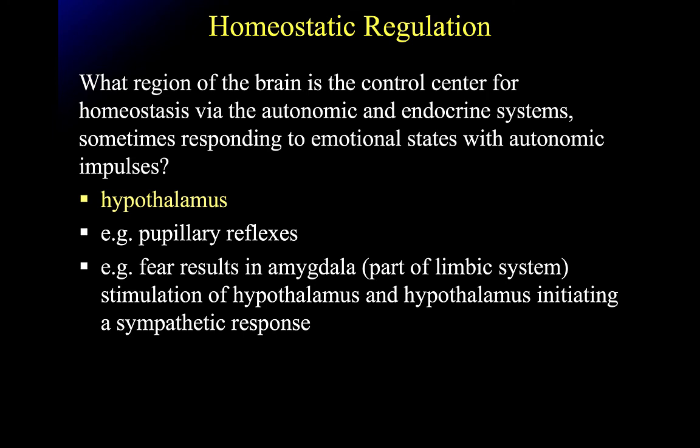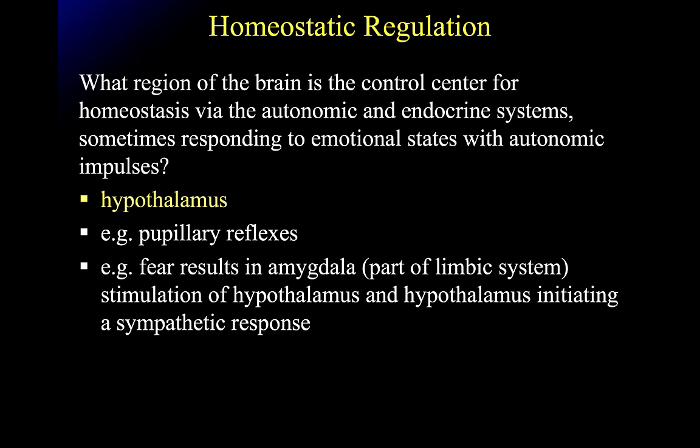This, of course, is the hypothalamus, which we already knew was the control center for the autonomic nervous system and endocrine systems. This is responsible for things like pupillary reflexes in regard to light change. We can, of course, have fear, an emotional state, result in part of our limbic system, a particular part referred to as the amygdala, stimulating the hypothalamus, and then the hypothalamus initiating a sympathetic or fight or flight response, even though there's not actually something to respond to in all cases.